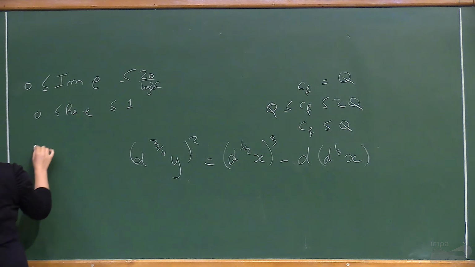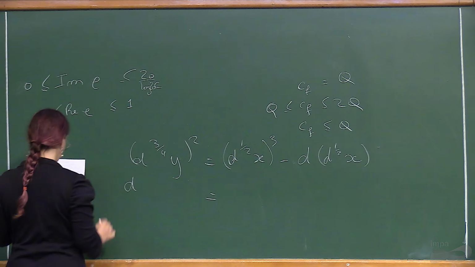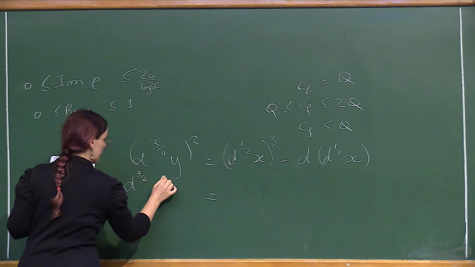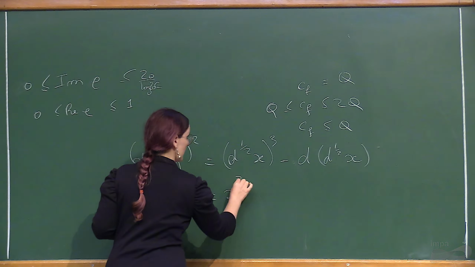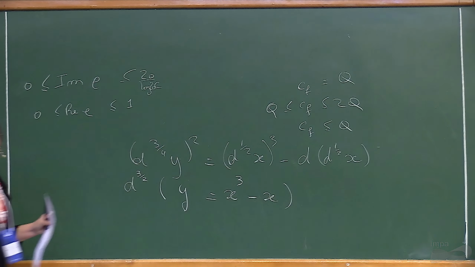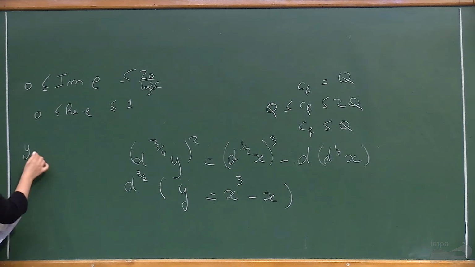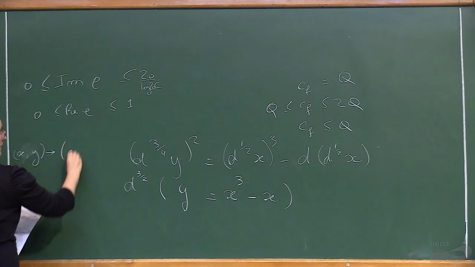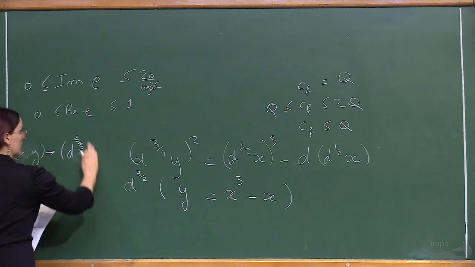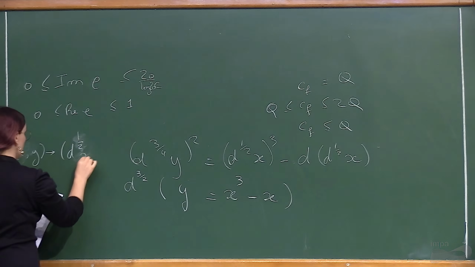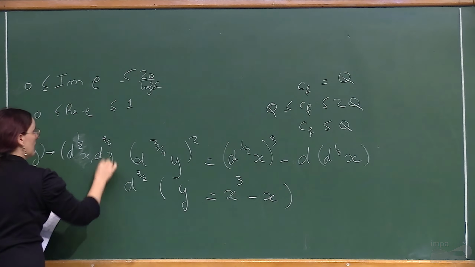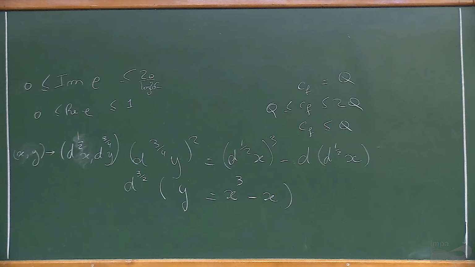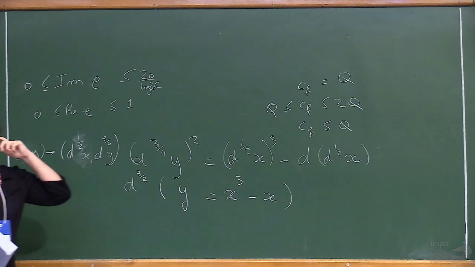So if I make the change of variable, (x, y) becomes (d to the 1/2 x, d to the 3/4 y), this change of variable makes the bijection between the rational points of one curve and the other.